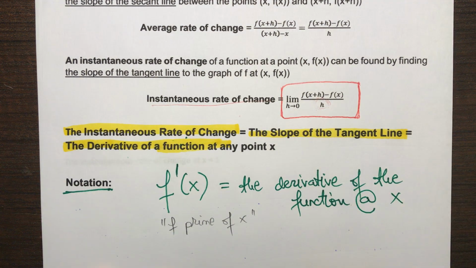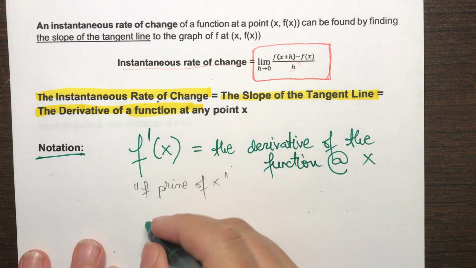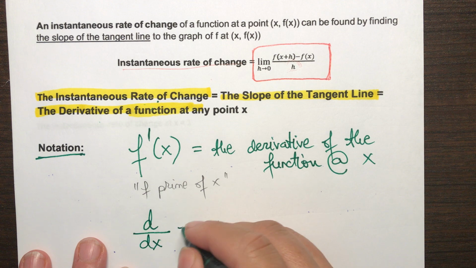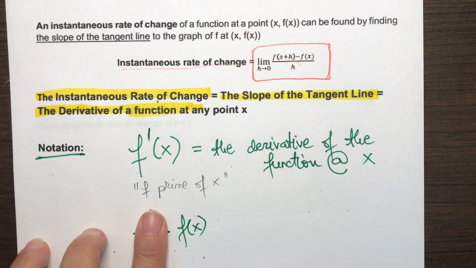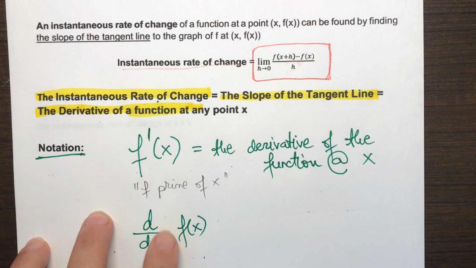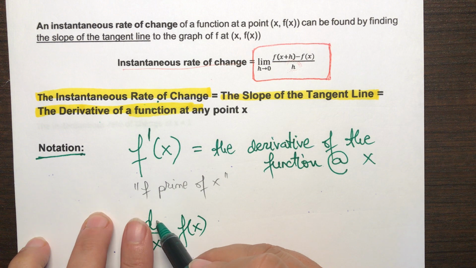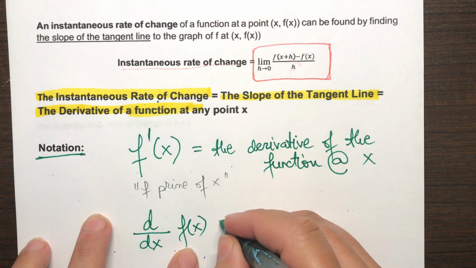at the point x. Now there's a second notation for it: d over dx of f of x. So instead of putting the little prime on the function, we write d over dx, which is standing in for the change in y's with respect to the change in x's of this function.